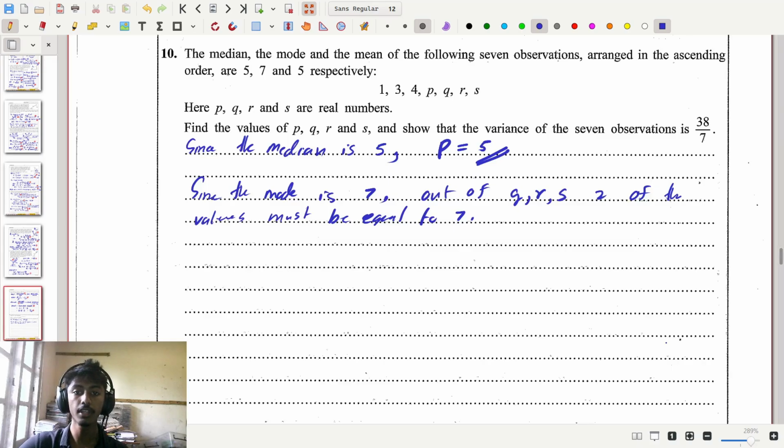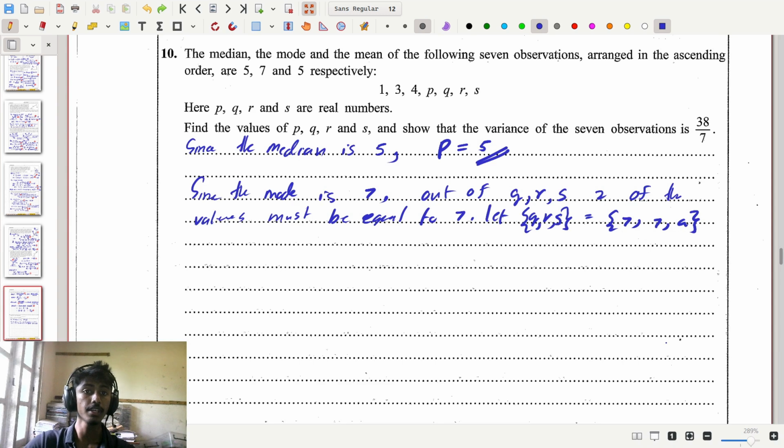So due to this, let the set of Q, R, S be the same as the set of 7, 7, and A, where A is some other real number. So out of these 3 values, 2 of them are 7s, and the third value is something that we don't know. It is A.